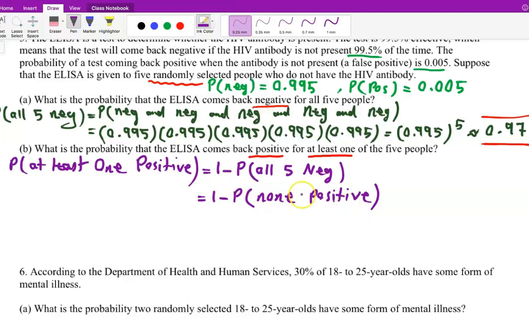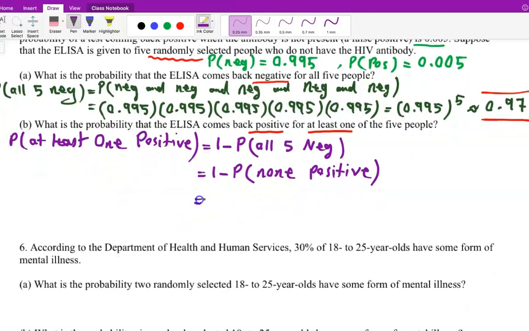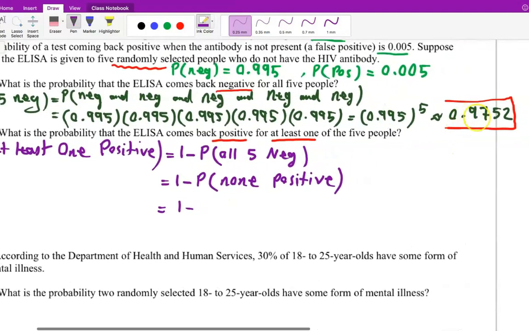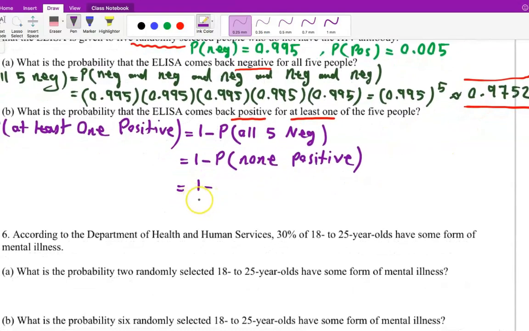And when you have none positive, you should subtract that from 1 to have at least 1 positive. The answer is, we already have the answer for all negative from the previous part, 0.9752. And that is 0.0248 after rounding.